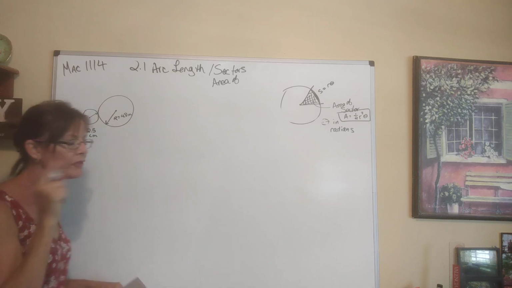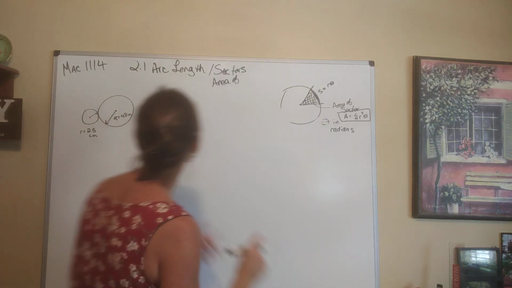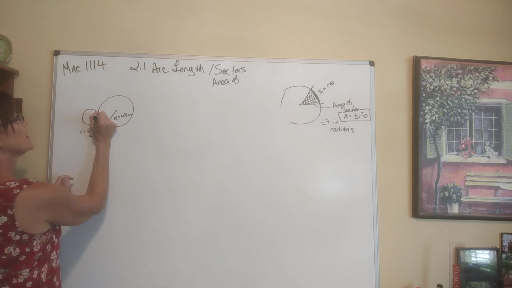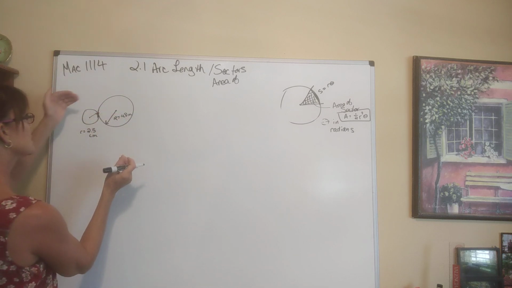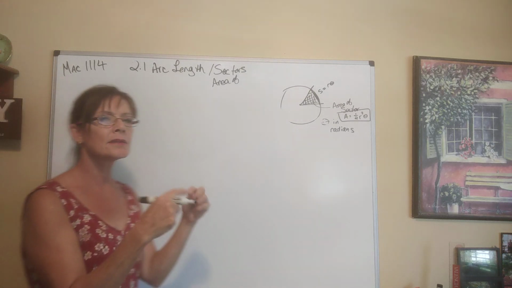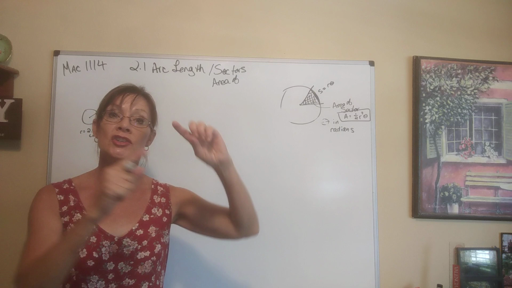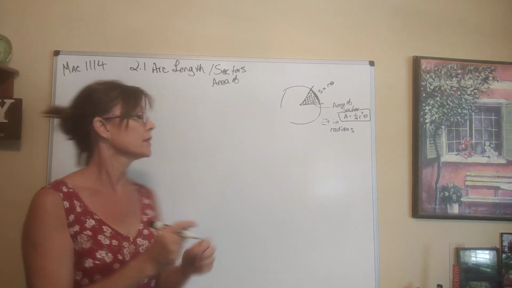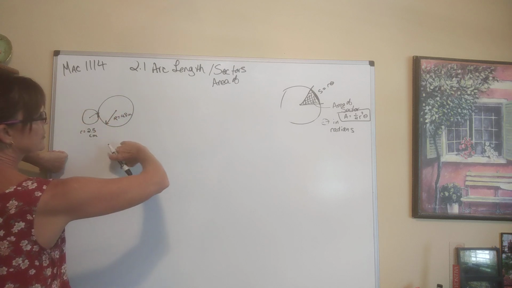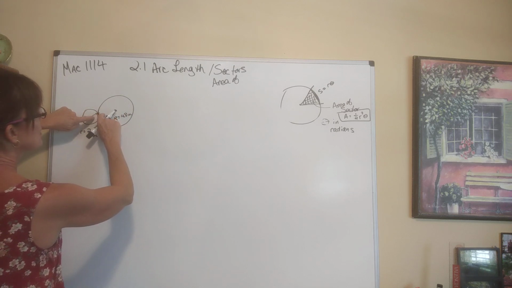So how we have to figure this out is, if you look at these gears, what they have in common is where they're touching right here. As this one moves, this one moves, and so they're always touching each other. What they have in common is arc length. They share the same arc length. So this one's moving through 225 degrees, and this one's moving through a certain number of degrees, but what they have in common is arc length.